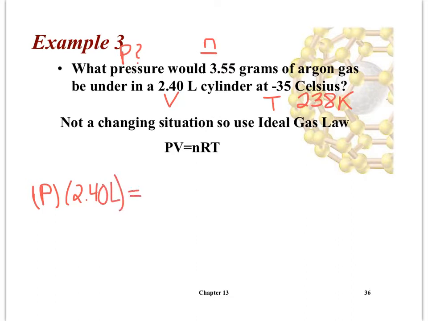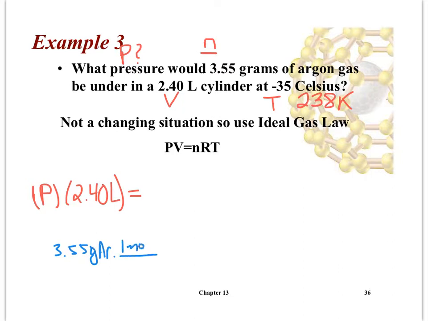N, I'm given grams, and so I need to find moles in order to plug it in. So I'll do that on the side here. Let me do it in a different color. So I have 3.55 grams of argon. I'll change that to moles.